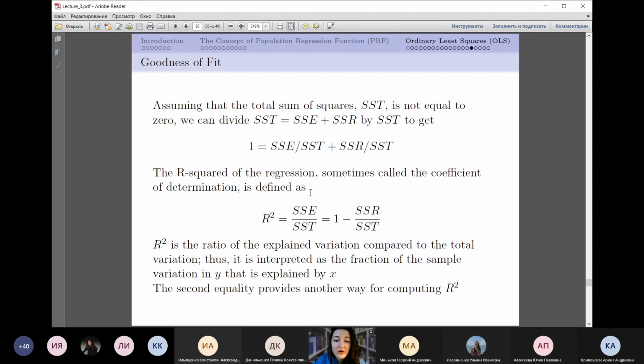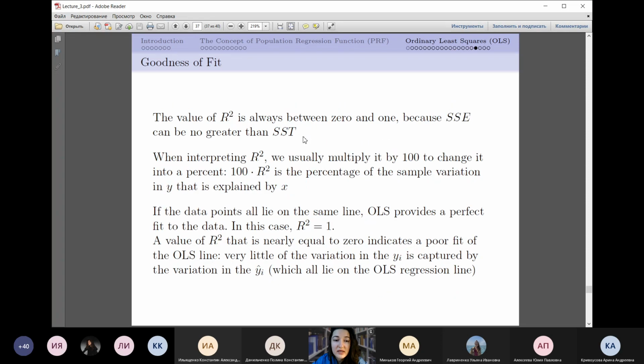According to this formula, the result of our R squared always lies between 0 and 1, because the explained sum of squares cannot be greater than the total sum of squares. Also, when we interpret R squared, we usually multiply it by 100 and interpret the result as the percentage of the sample variation in y that we explain by x.